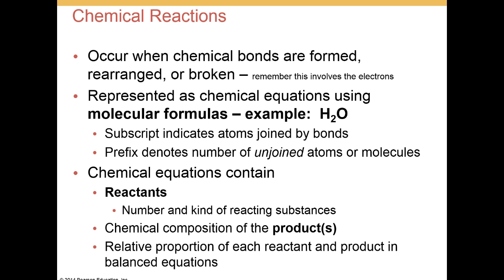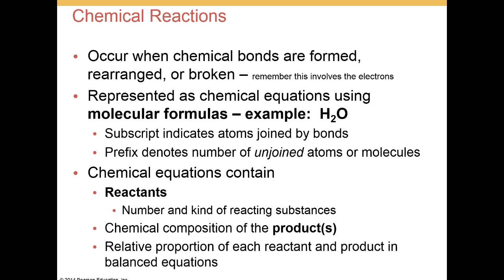So whenever you see a number indicated by a subscript, that's atoms joined together by bonds. So it's H subscript 2O means that there are two hydrogens attached to that oxygen. We're also going to see a number used as a prefix before a molecule that indicates how many unjoined atoms or how many unjoined molecules there are. We're going to look at an example of that in a moment.